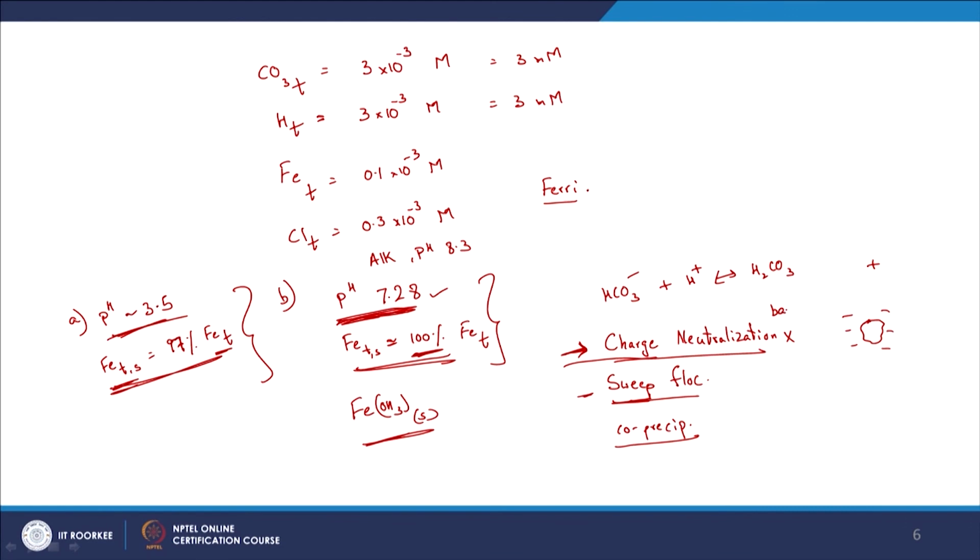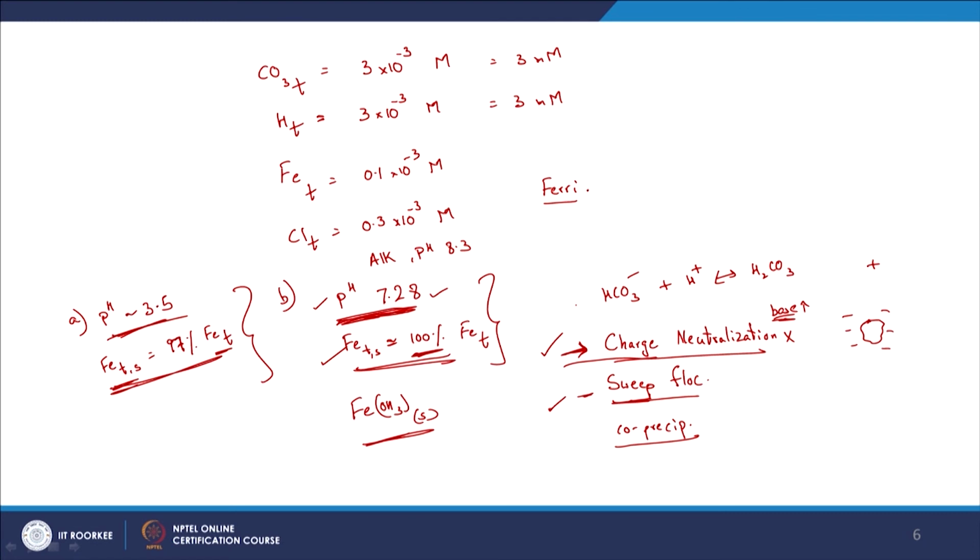So charge neutralization, if any is occurring, the purpose would be defeated if you add the base. Again, sweep flock is not going to be affected when you add the base, but the pH will further increase, defeating the purpose of charge neutralization, if any, that is occurring in the system.